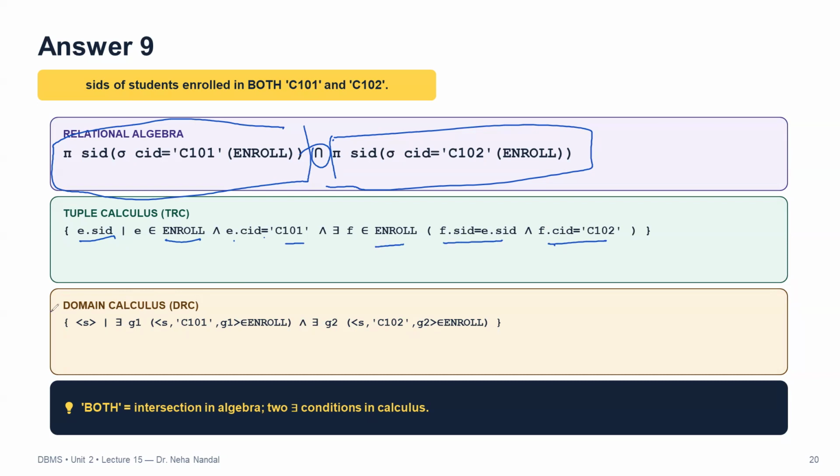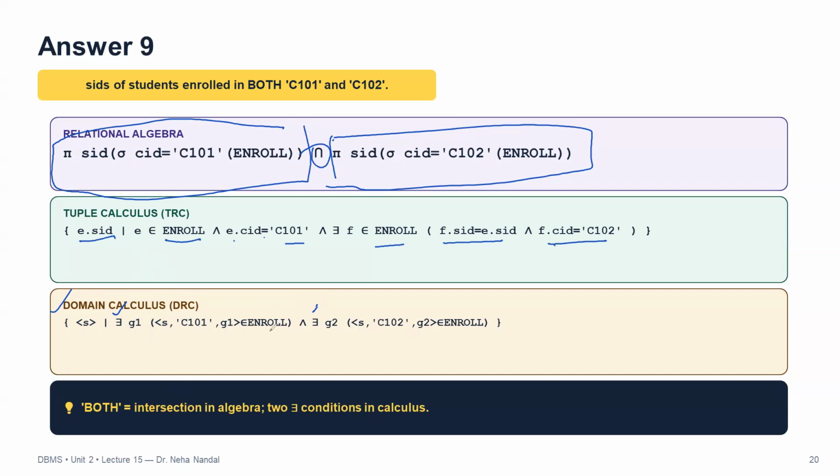And see this one. In DRC, what we are doing? So in domain relational calculus, as we discussed, there exist will come two times. Yes. See what will happen in this one. We want to display only SID. So S for that. Then what is pending? Grade. Because CIDs we have to mention, so only one is pending, grade. Now see here.